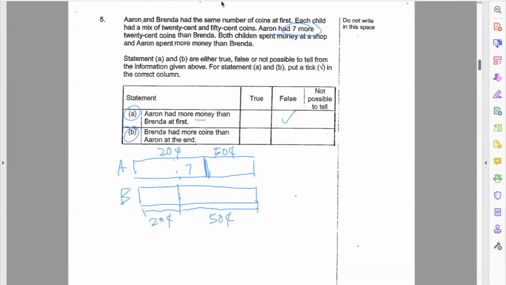This is after both children spent money at a shop and Aaron spent more money than Brenda. So the statement says Brenda had more coins than Aaron at the end.